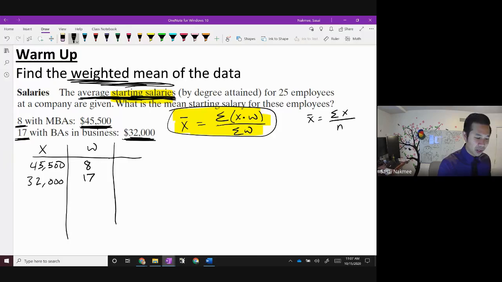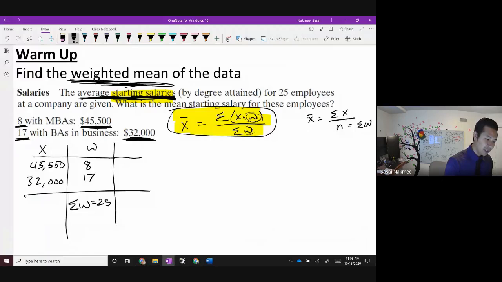This is very similar, except now you multiply by a W and divide by the total W. That's kind of like what the N is; N is like the total W. So I'm going to write this down. My total W is 25, which makes sense because I'm looking at 25 employees. This column over here is going to represent the X times the W.